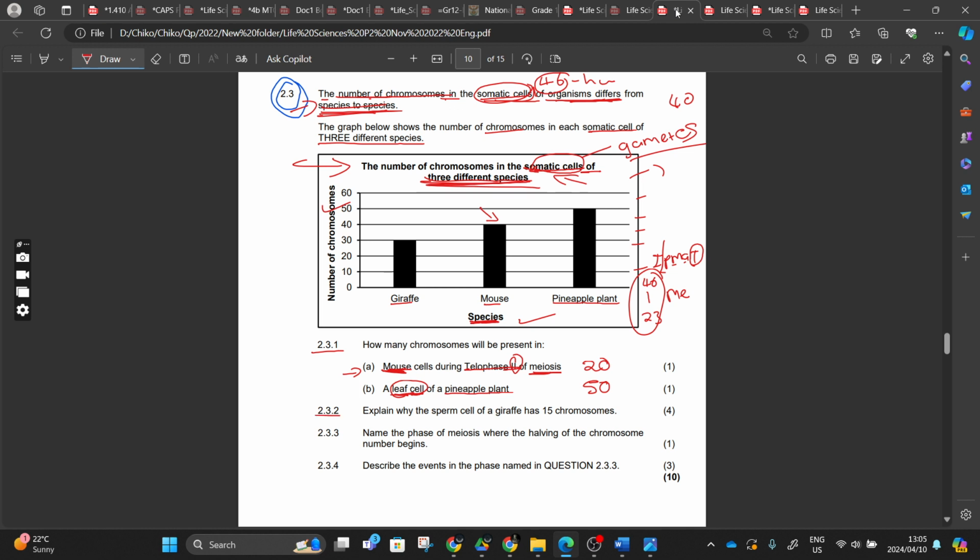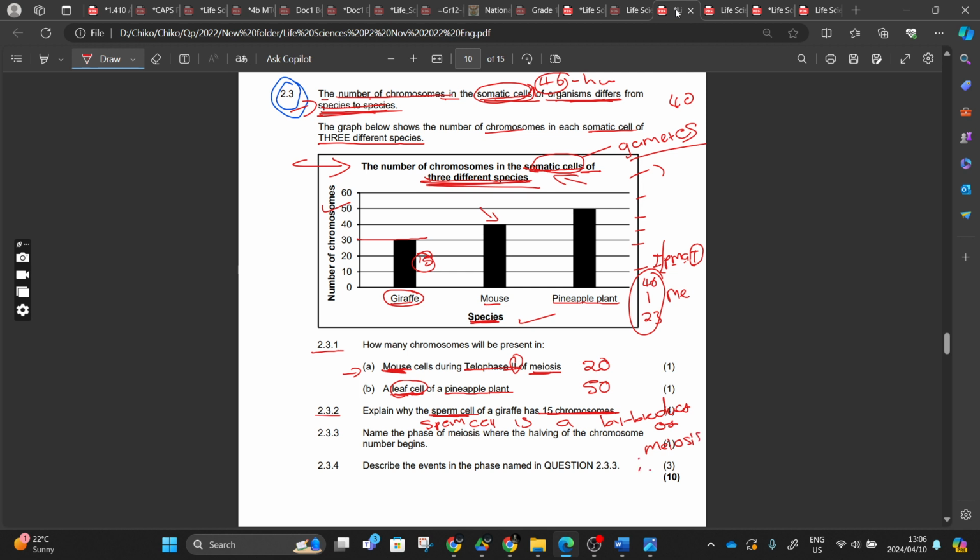So we're moving on to 2.3.2. Explain why the sperm cell of a giraffe has 15 chromosomes. There's the giraffe. Then we have 30 in the somatic cell. It will undergo meiosis, and then we have 15. Explain why the sperm cell of a giraffe has 15 chromosomes. Because a sperm cell is a byproduct of meiosis.